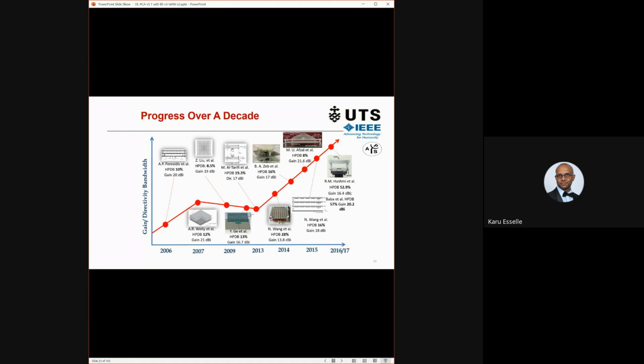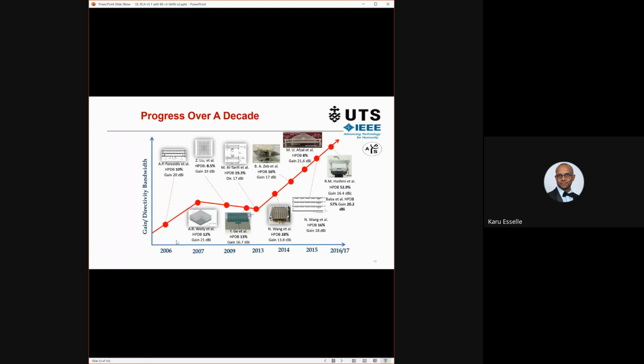But then Alex Feresidis, at Loughborough University in the UK, with Yiannis Vardaxoglou, his supervisor, published a paper on a similar antenna with a 10% half power directivity bandwidth. That was a world record for the bandwidth of this kind of antenna. That was in 2006.